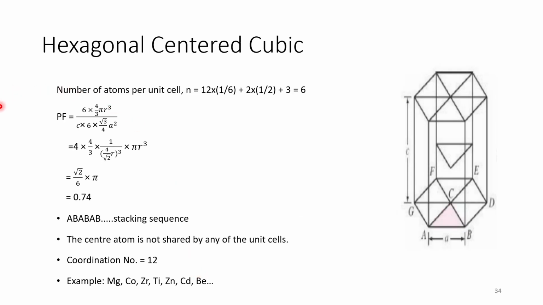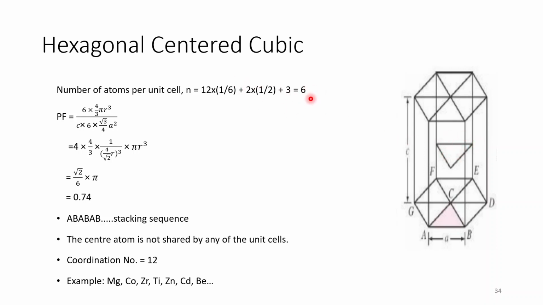Next is hexagonal close packed. In this case you can calculate the number of atoms. At the corners of the hexagon you will be having 6 such atoms on both sides. So there will be 12 atoms times 1/6, so 1/6 will be in this unit cell, and 1 atom will be at each face center, and 3 atoms will be totally inside the unit cell.